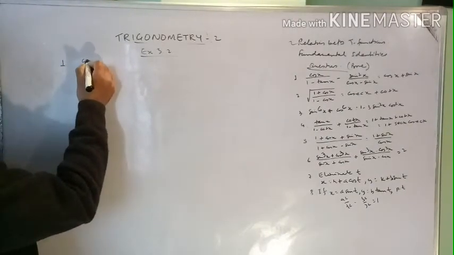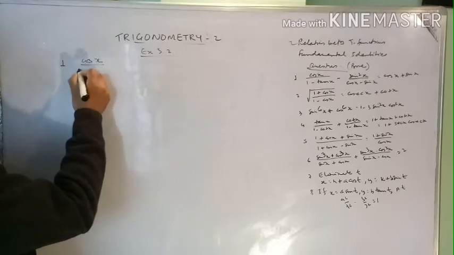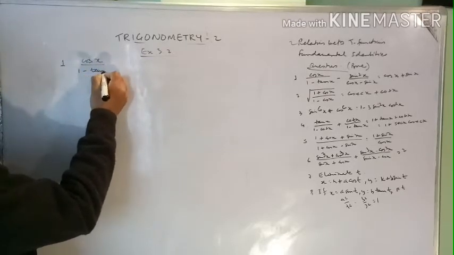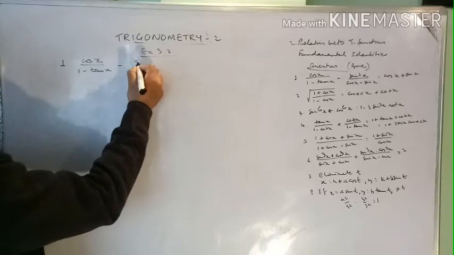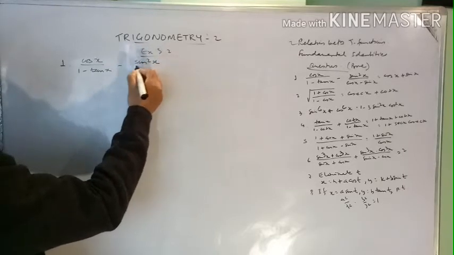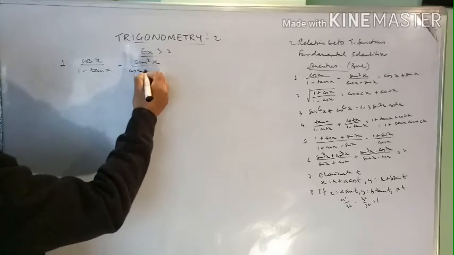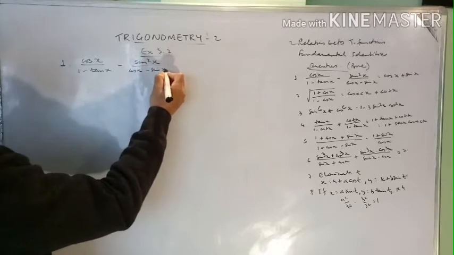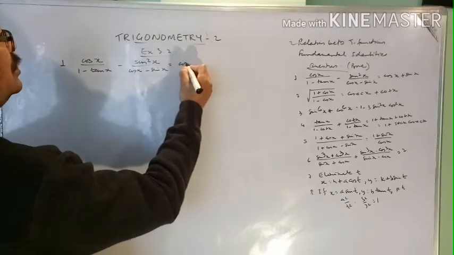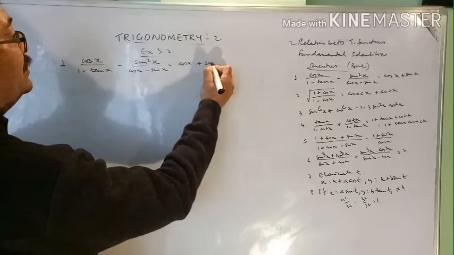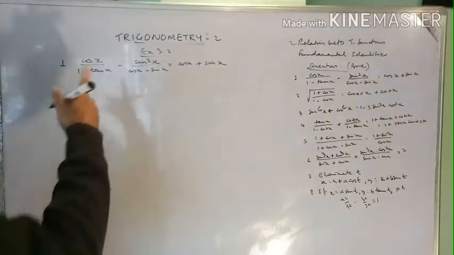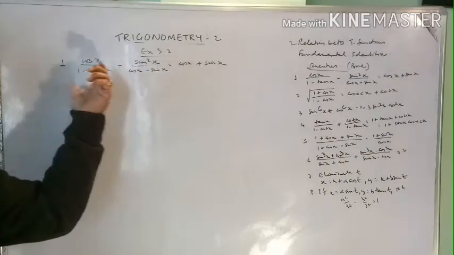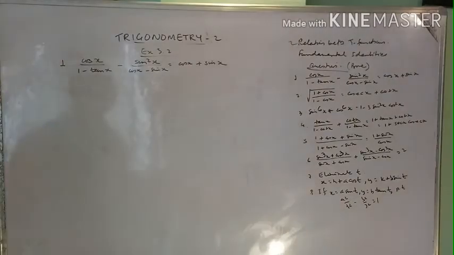What is given? Cos x upon 1 minus tan x minus sin square x by cos x minus sin x equal to cos x plus sin x. Now you have to prove that these two sides are equal.